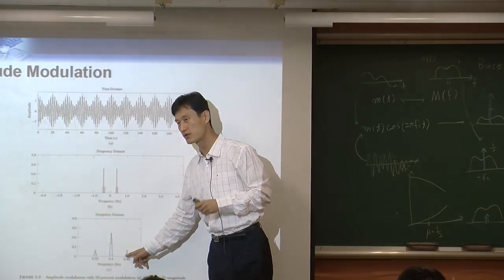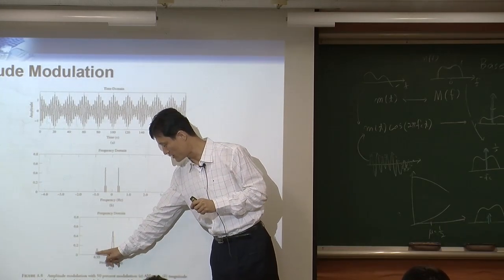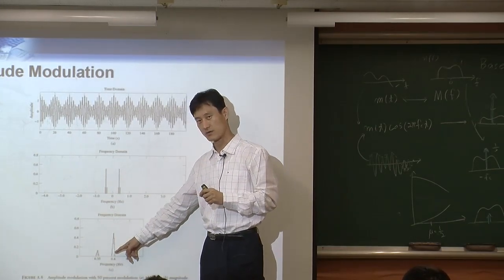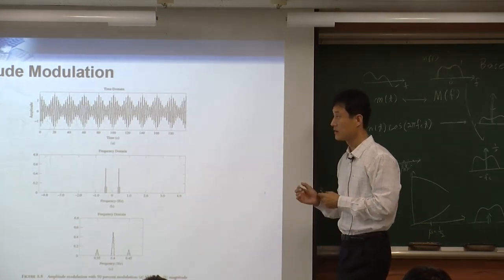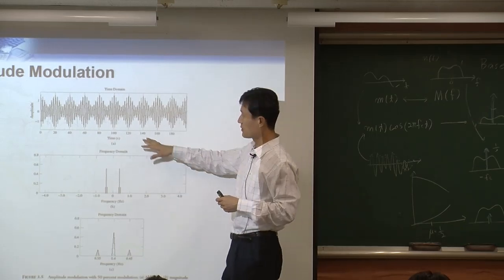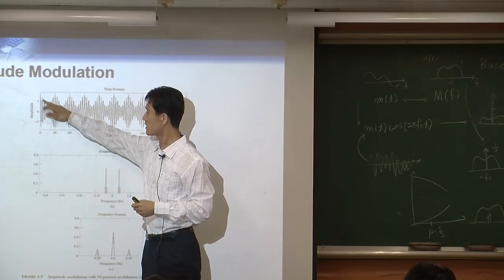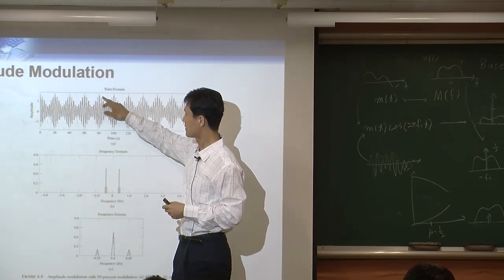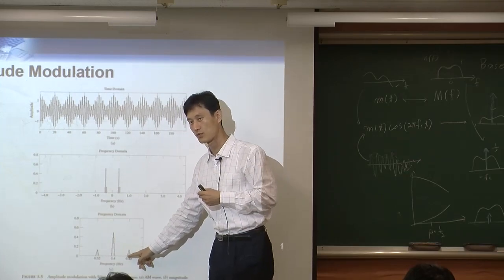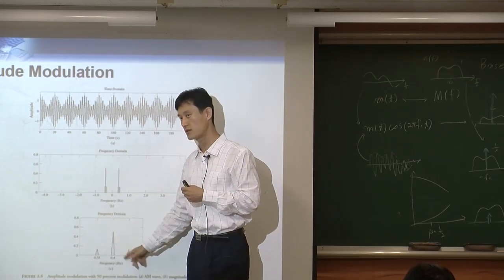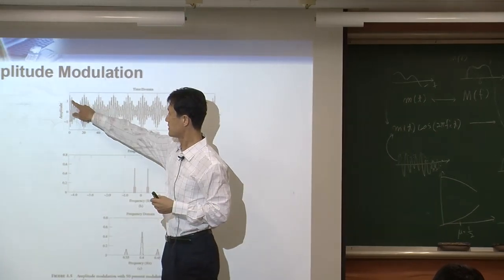Those are your FM, the original message, and they have very little power. The middle one has really big power. Okay, that was the case of 0.5. And when you look at this in the time domain, now what you see is that your original message looks like this, a sine, because we use the sine with frequency FM. Your original message is sine, cosine in this case. So your original message looks like this.